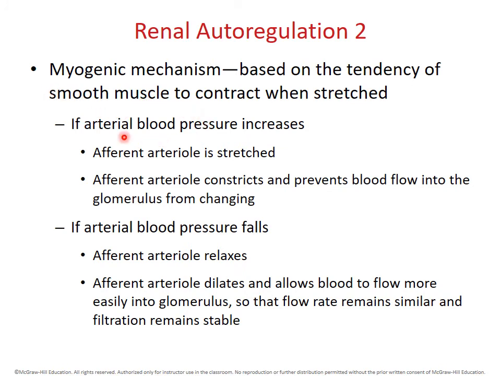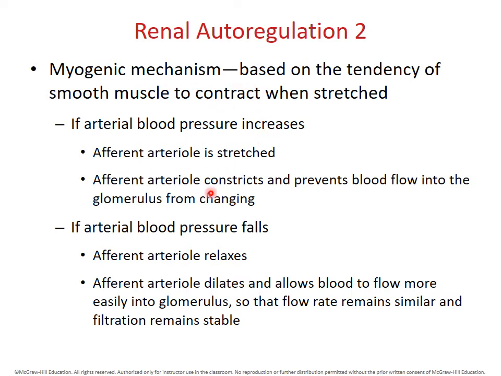So here's what happens. If arterial blood pressure increases, that might cause an increase in glomerular pressure, which would increase glomerular filtration rate. So how do we prevent that? Well, if systemic blood pressure increases, then the afferent arteriole is going to experience that increase in pressure, and it is going to become slightly stretched. As its walls stretch, the smooth muscle in the tunica media responds to that stretch by contracting.